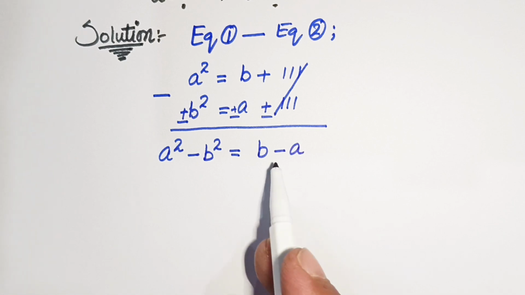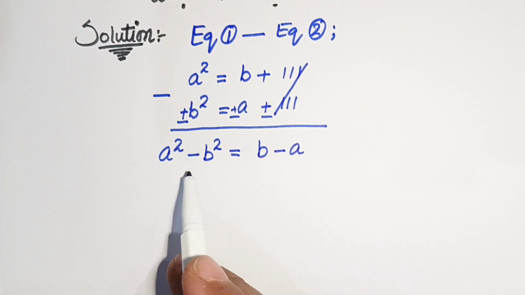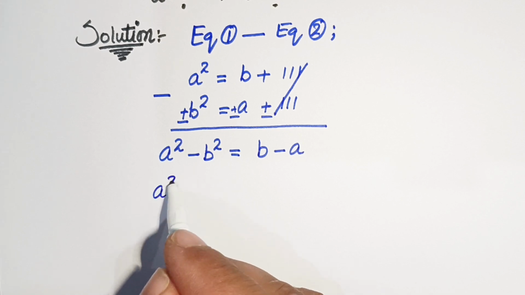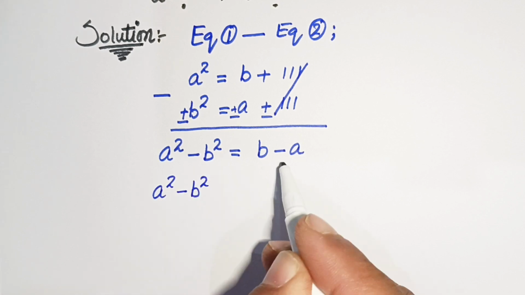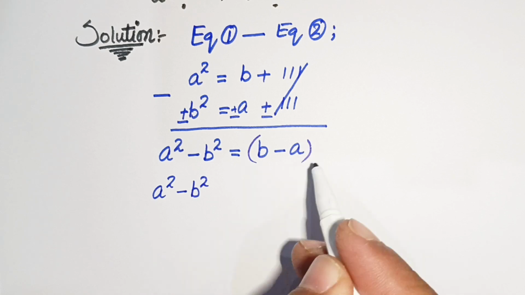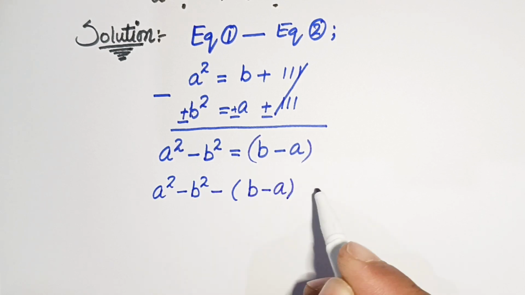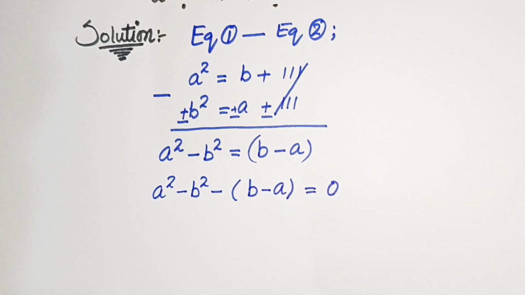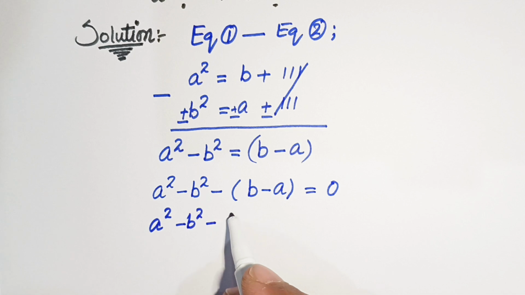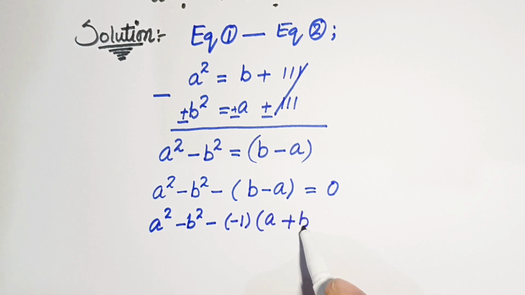Now if we shift this b minus a to our left hand side, then we get a squared minus b squared minus b minus a is equal to 0. Now if we rearrange this a and b, then we have a squared minus b squared minus, and here we take minus 1 common.